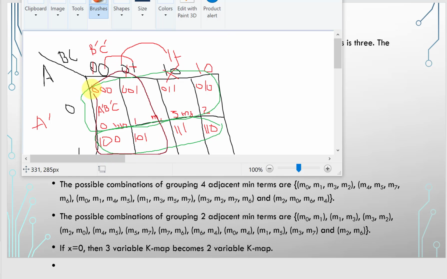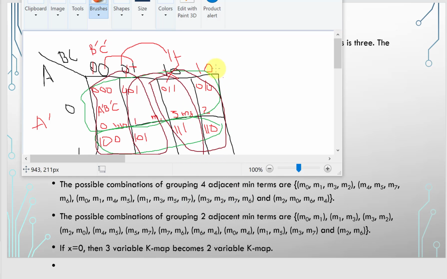Look, this one and this one, right? Then we have M1, M3, M5, M7, which is this one, right? Then M3, M2, M7, M6, right?